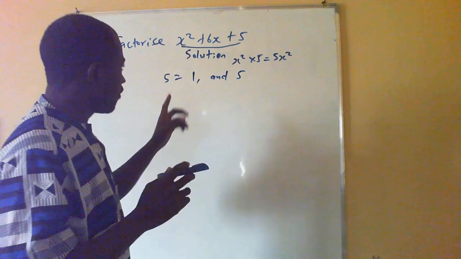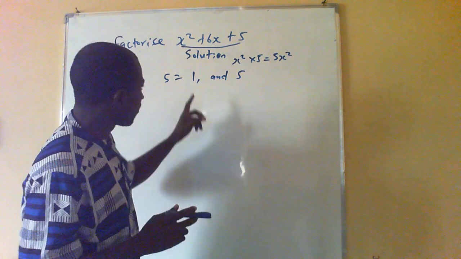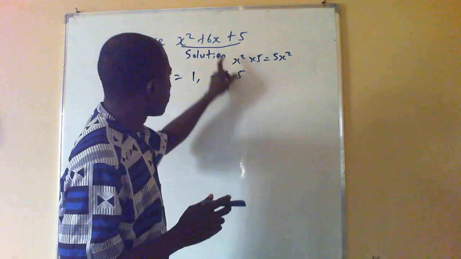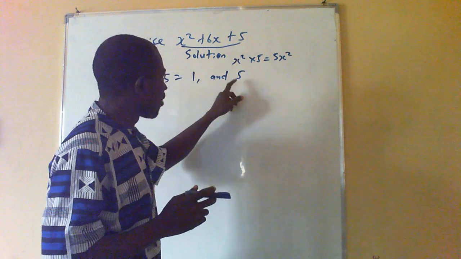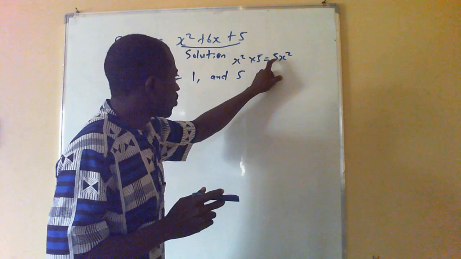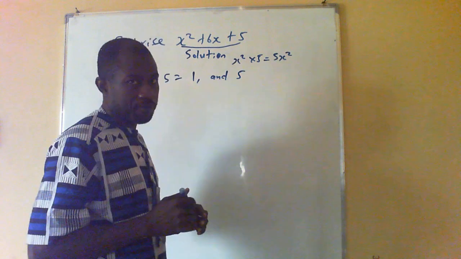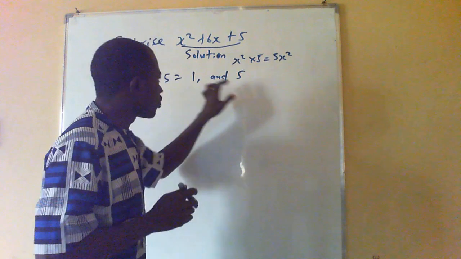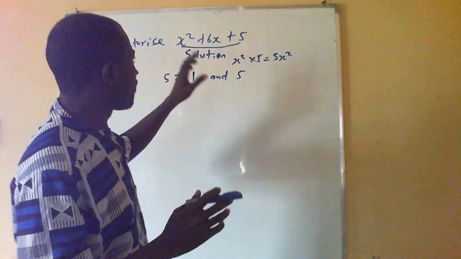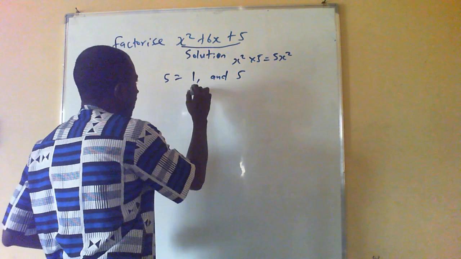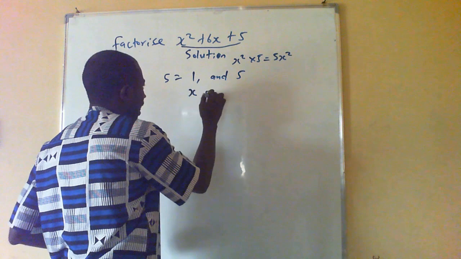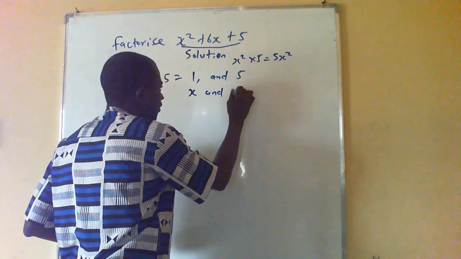If you check very well, if you add 1 and 5 you get 6, and if you multiply 1 and 5 you get 5. So these two numbers are the best numbers when we add and multiply. So we introduce x and 5x.